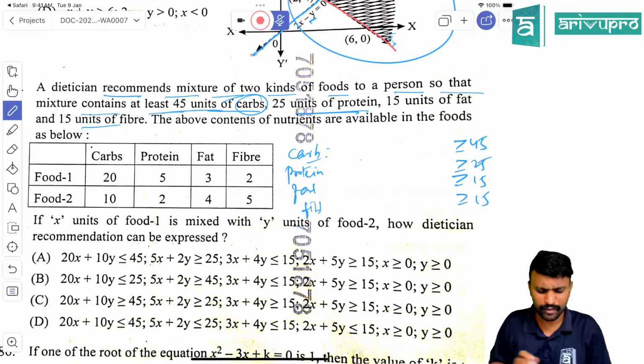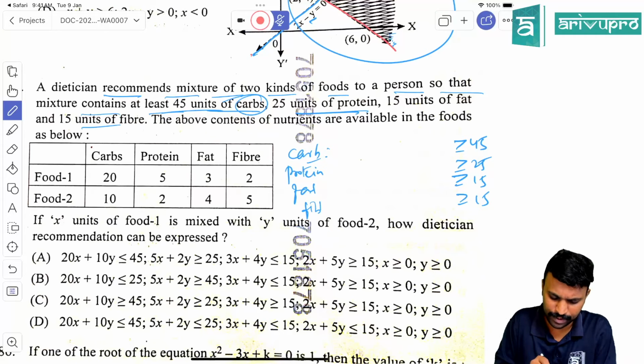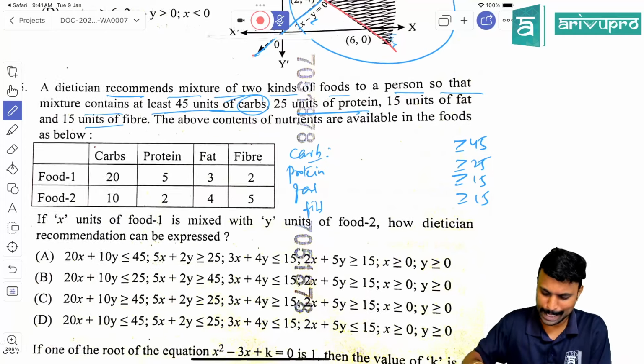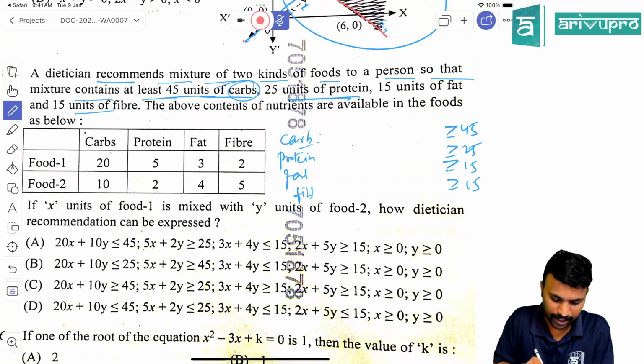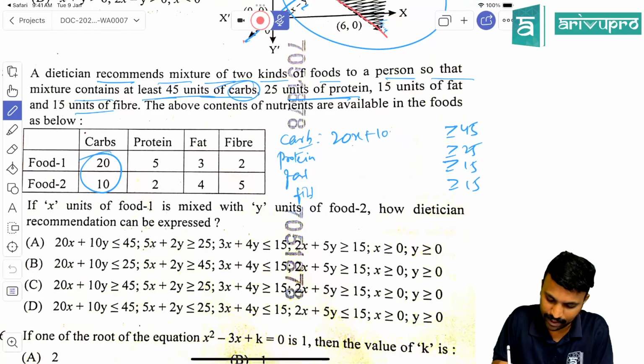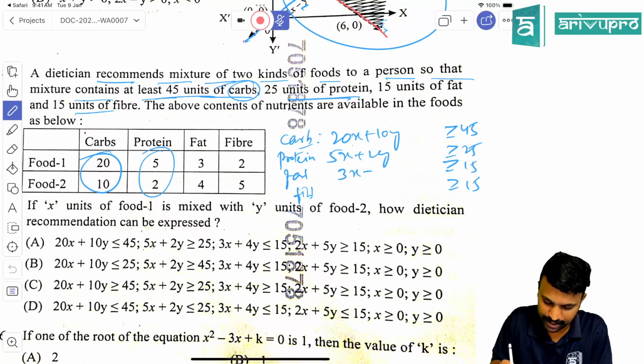Guys, food 1 contains how much of carbs? For carbs, it could be from food 1 and food 2. So it's going to be 20x plus 10y. For proteins, 5x plus 2y. For fat, 3x plus 4y. And for fiber, 2x plus 5y.